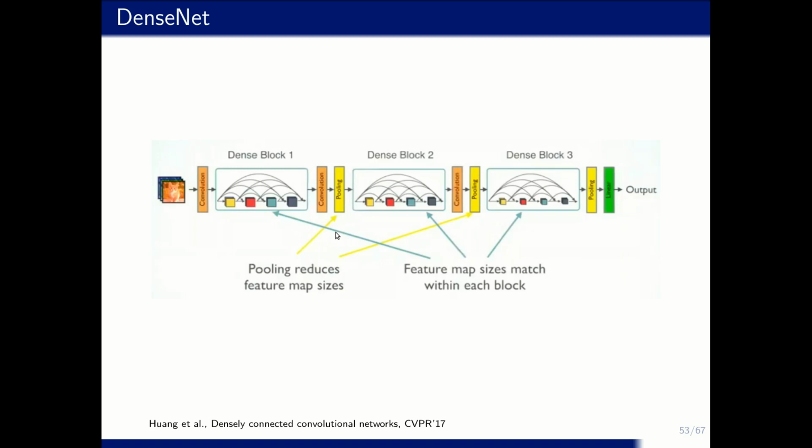And more recently, there has been DenseNet, which consists of these dense blocks. These dense blocks get input, and in these blocks they have several layers, like convolutional layers. The first layer would get just the input, but the second layer would get the input plus the output of the yellow layer. This green layer would get the input plus the output of the yellow layer plus the output of the red layer.